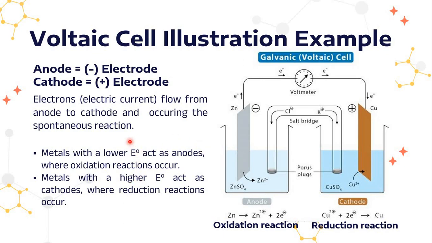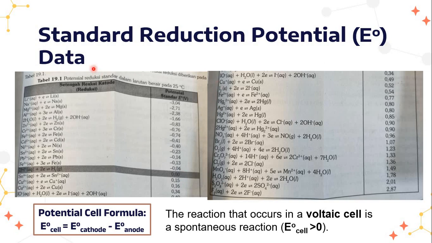Alright, maybe you are asking where we can find the reduction potential of some metals. There are some data which represent the standard value of this reduction potential. So this is the standard reduction potential, or E0, value data.